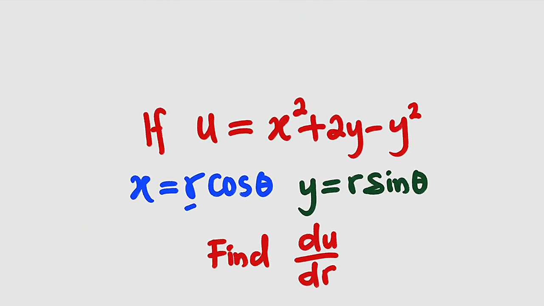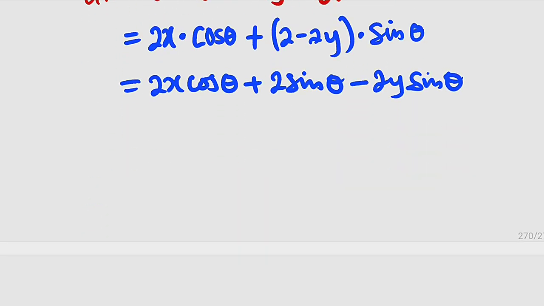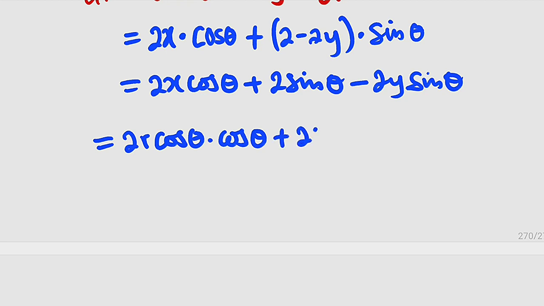So we can substitute them back. 2x is 2r cos theta, and we still have another cos theta, plus 2 sine theta, minus 2 multiplied by y, which is r sine theta, and we have another sine theta.